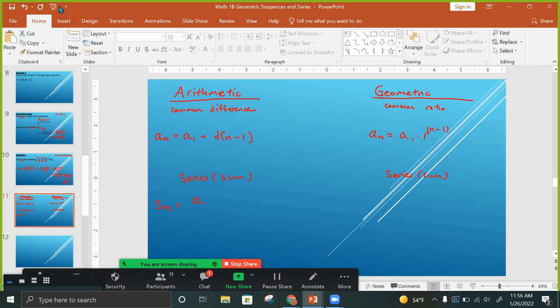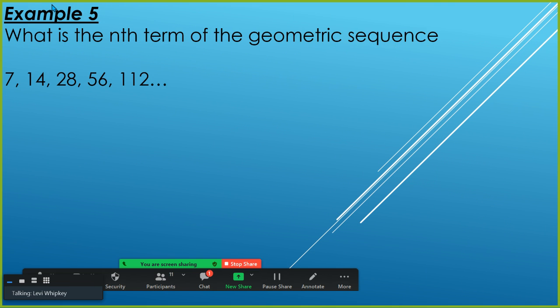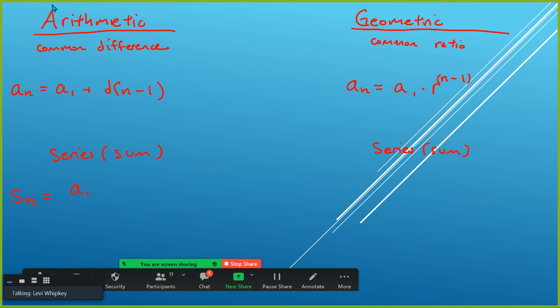Okay, so I believe it's an equals a1 plus d, and then parentheses n minus 1. Okay, good. That's the sequence formula. That'll give us any number in the list for an arithmetic sequence. Do you have the next one that also has a d in it and an n minus 1, I think.